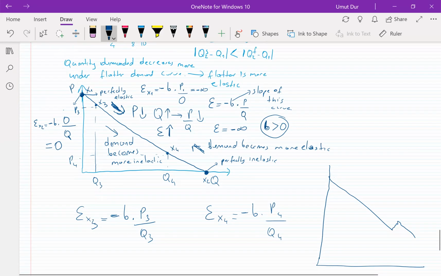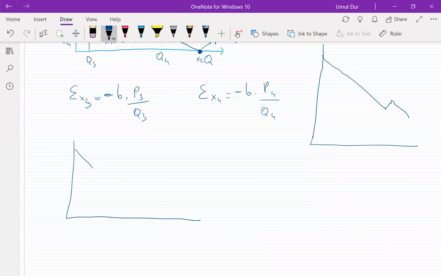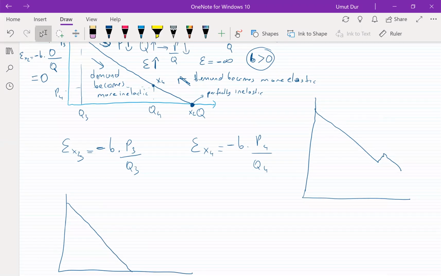If this is the demand curve, I will always have a point where demand elasticity is -1. At this point, the demand elasticity is minus infinity.